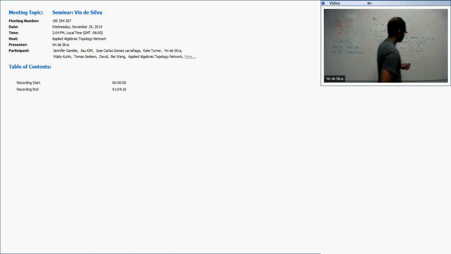And so by gluing, the language in category theory is that this is the same as a colimit.